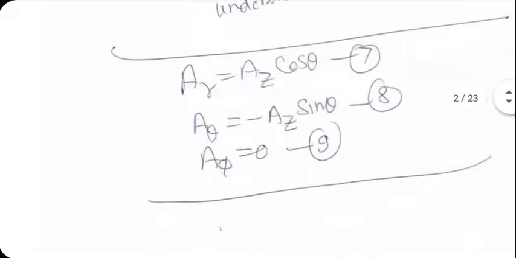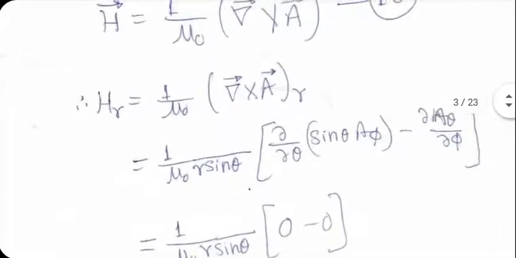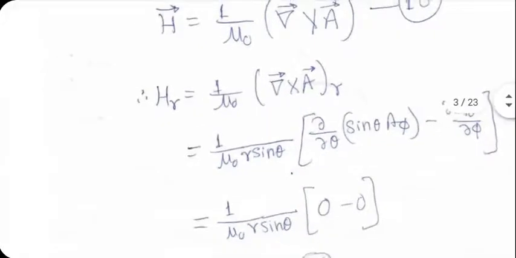But we have also seen in this particular case, A phi is 0. So actually, for the antenna that we are looking at, as long as it is at the origin, HR is 0. No R component of H field. This may not be true all the time in all cases, but in this particular case, this happens to be the truth. Okay, how about H theta? Yeah, this is what we have assumed.